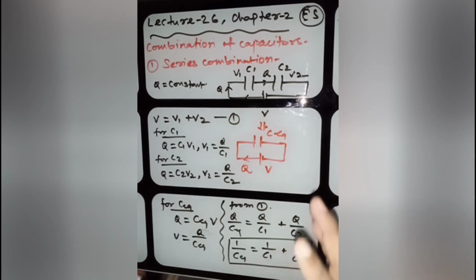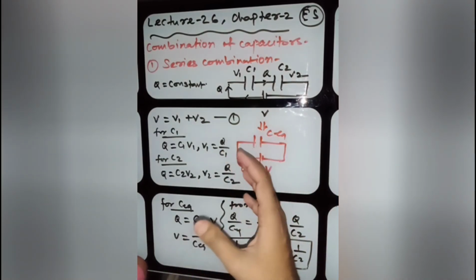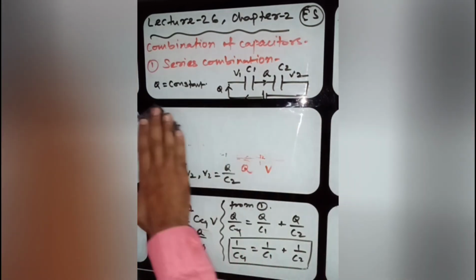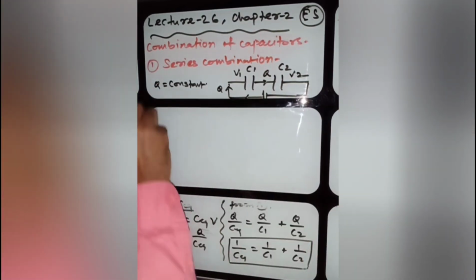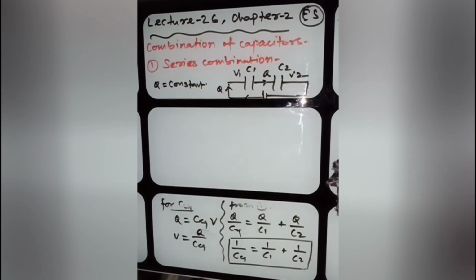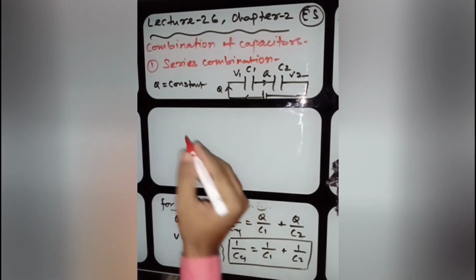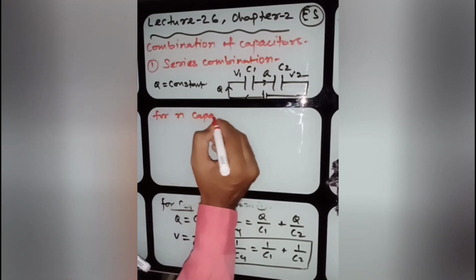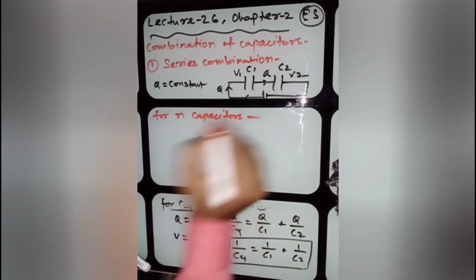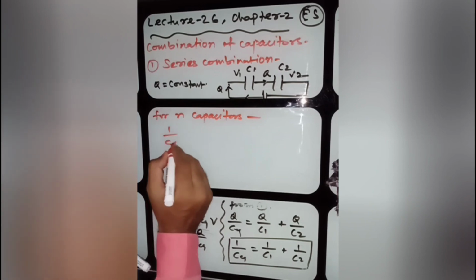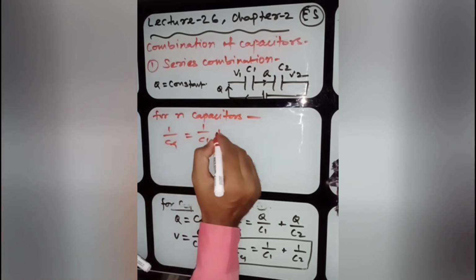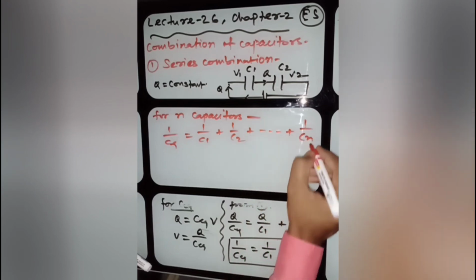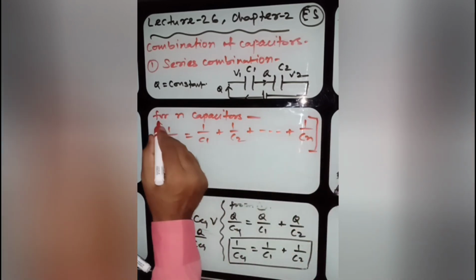It means for n capacitors, remember, it is not necessary that the n capacitors will be identical, you can write 1 by C equivalent as 1 by C1 plus 1 by C2 plus up to 1 by Cn. Okay, my dear student.